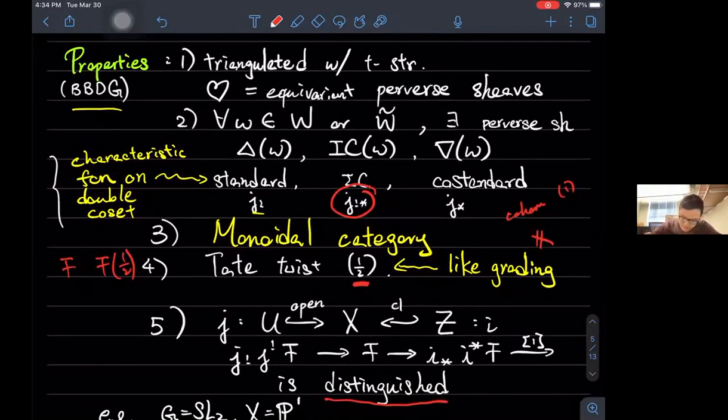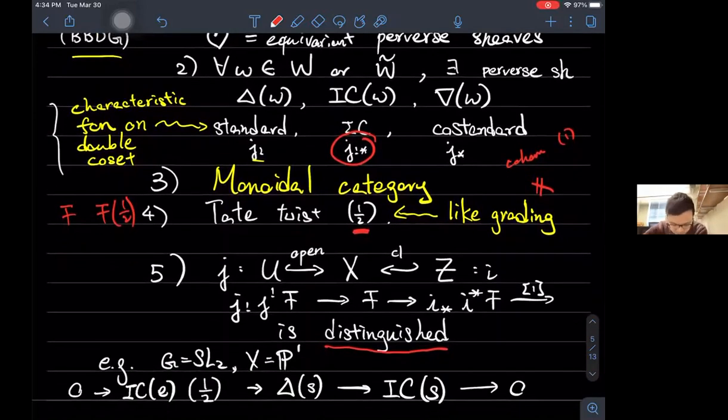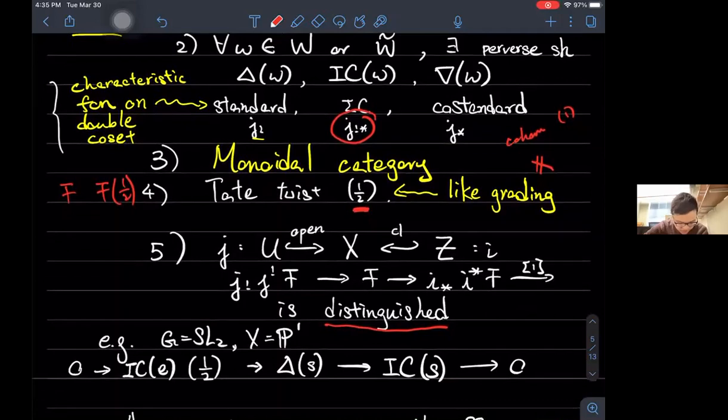And the fifth property is whenever you have open-closed triangles. So an open embedding from U to X, and then the complement, I call it Z, you get some triangle. This is a distinguished triangle. Let me give an example.